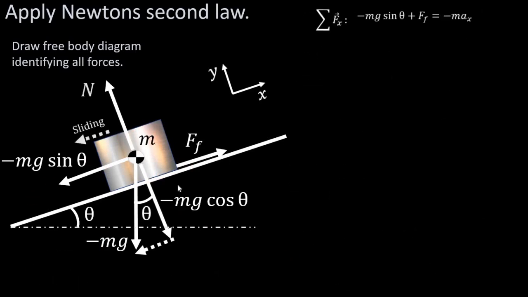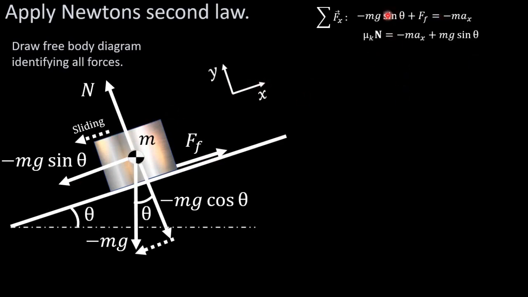Now we're going to say that the particle is sliding. If we look at the forces in the x direction, we have minus mg sine theta plus the force of friction, because that's in the positive x direction, equals minus m times ax, because this mass is now going to accelerate in the negative x direction.